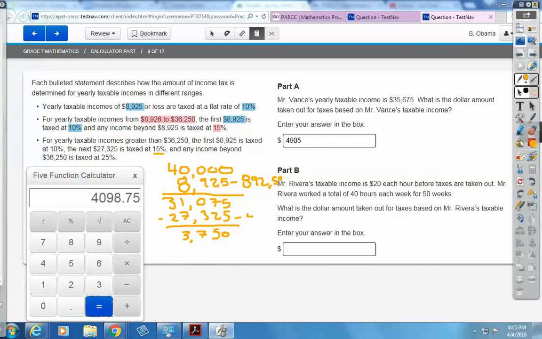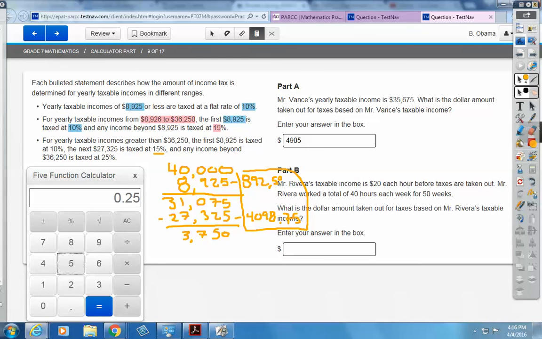So that is $4,098.75. And so I add these two things together. Oh, I'm not done yet. Sorry. I was so excited. So then finally gets taxed on this $3,750 at 25%.